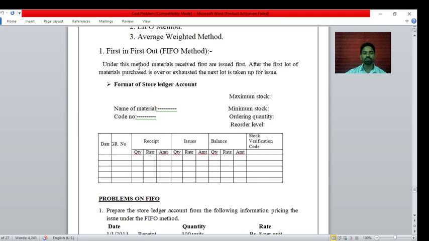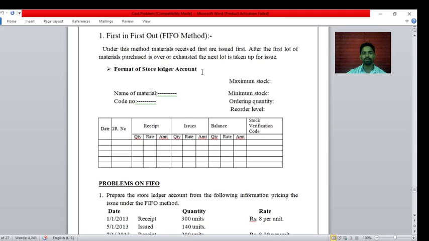It means whatever raw material is first taken in the manufacturing company is issued first for the production purpose. After that stock is finished, the next lot of raw materials is taken for issue purpose. This is first in first out.